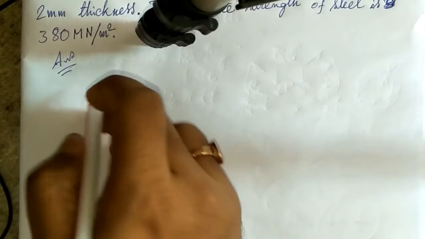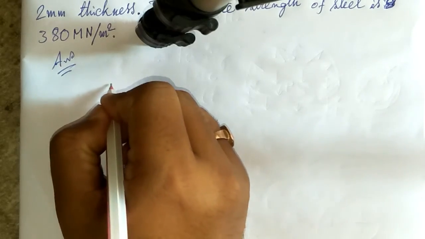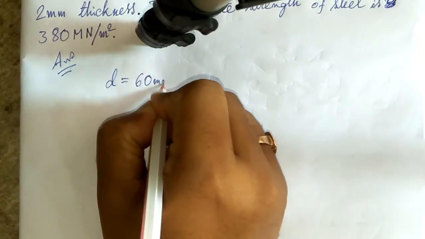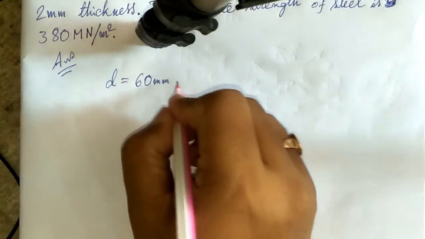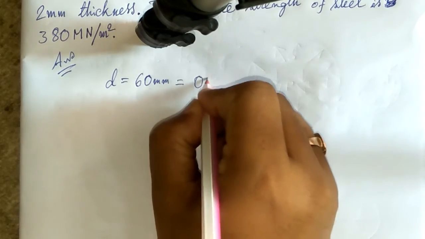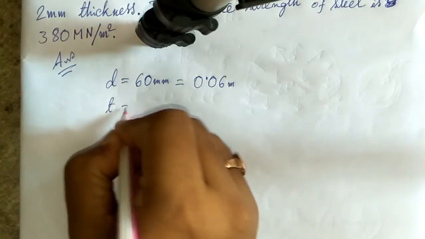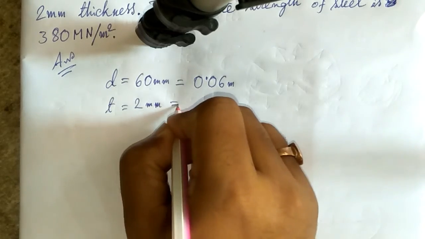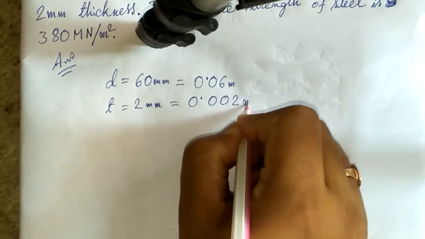So the inside dia, that means small d, is equal to 60 mm, that becomes 0.06 meter. Small t is 2 mm, so that becomes 0.002 meter.